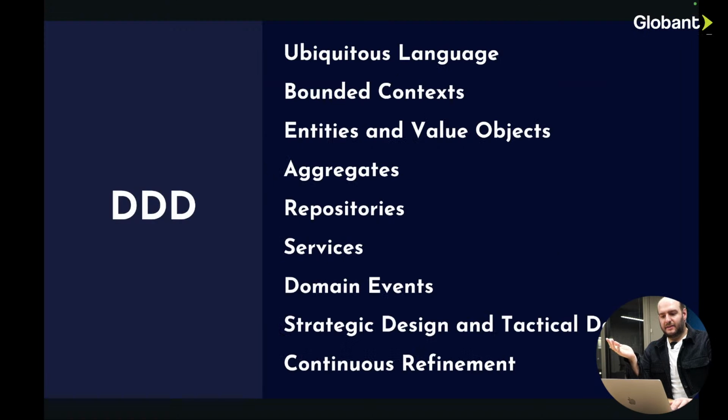To do that, we're going to be using a set of techniques. The first is the ubiquitous language. That means we try to use the domain language in everything we do. So if we do something with, as I said before, banking, then we'll be hearing a lot about accounts and customers and payments and debits and credits and so on. And we want our software to represent that, and we want to use that language in our model.